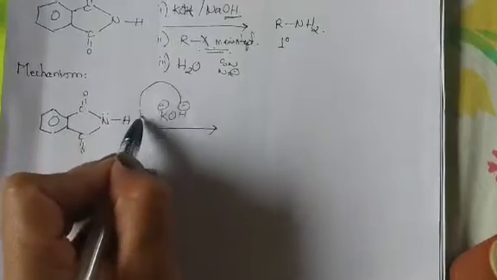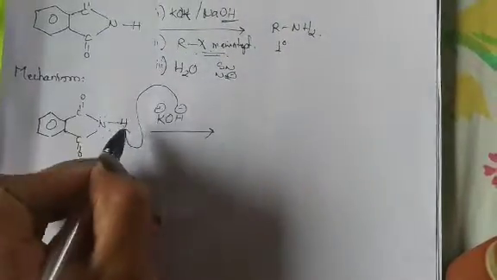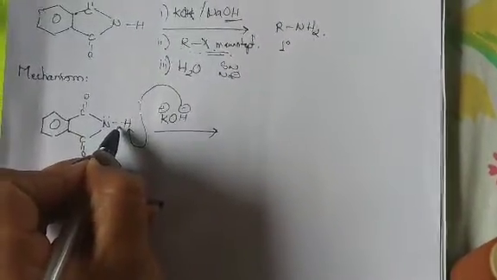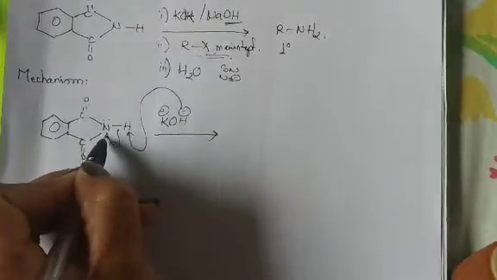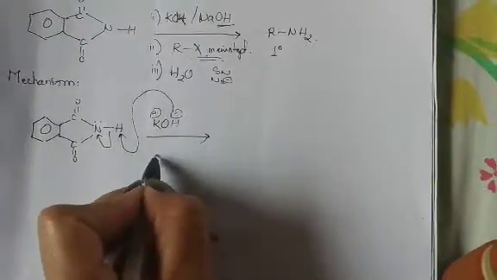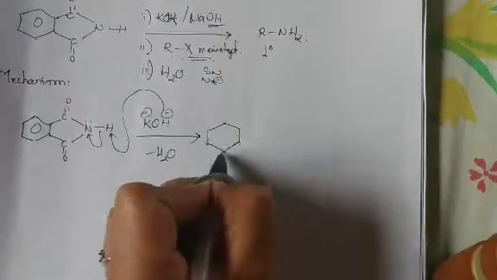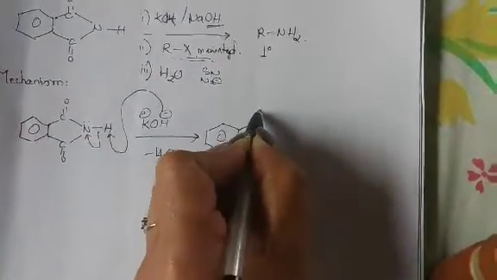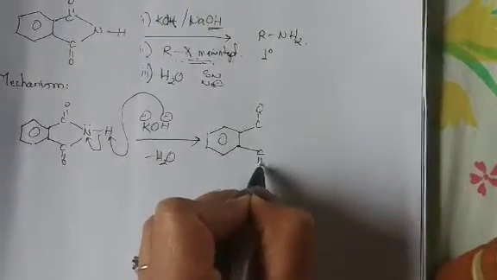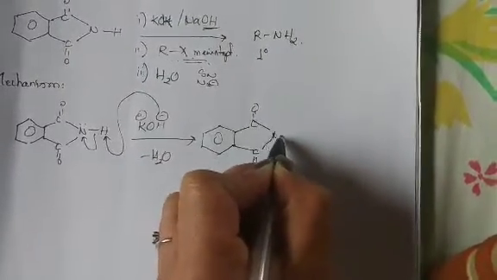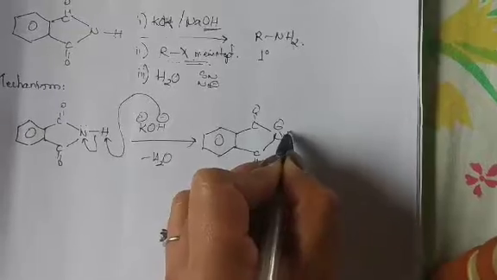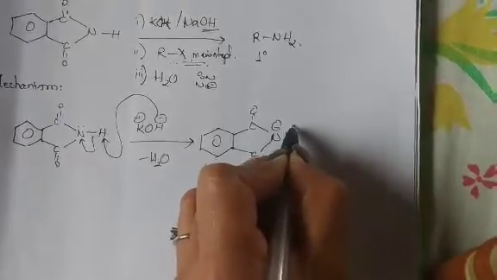This OH minus takes this hydrogen, and the bond pair goes and adds up to the nitrogen atom. There is removal of a water molecule, and now we get nitrogen becoming negative, and then our potassium comes and adds up here.